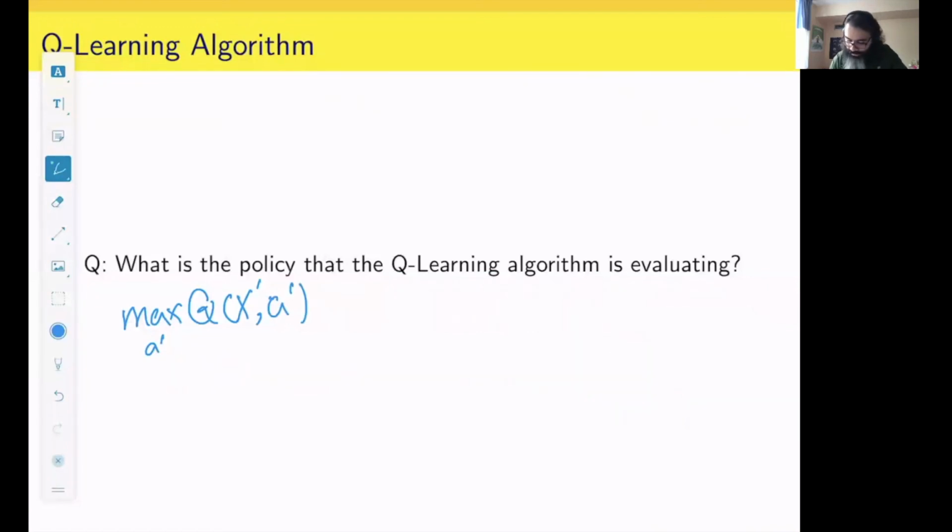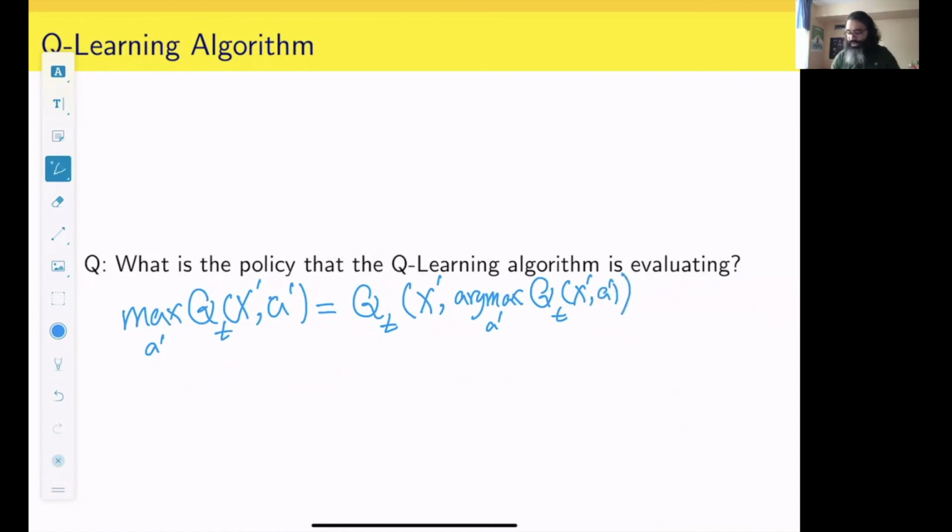Maybe I use subscript t to emphasize its t dependence. This is equivalent to Q_t at x prime and argmax over a prime of Q_t, evaluated at x prime and a prime.